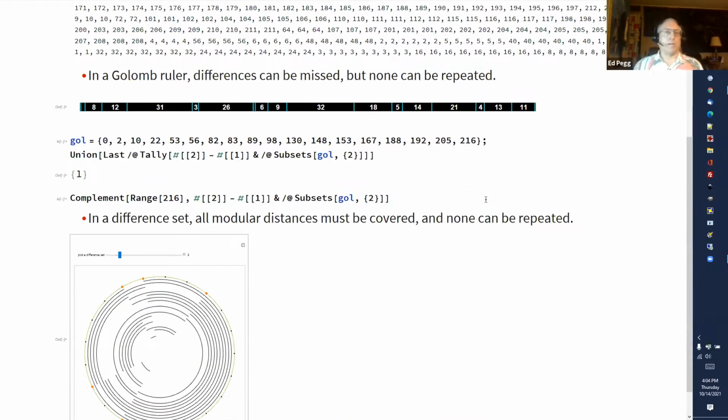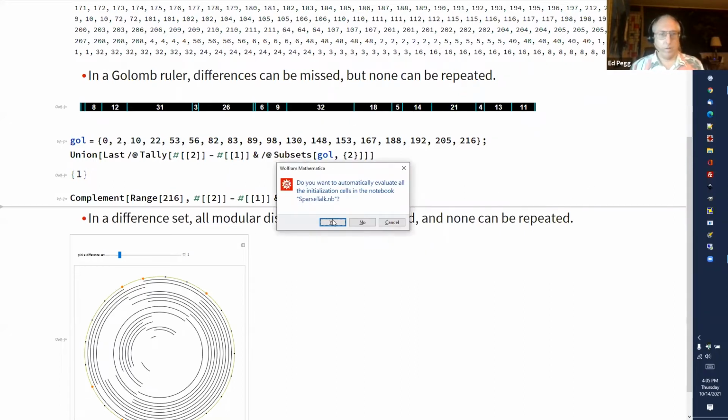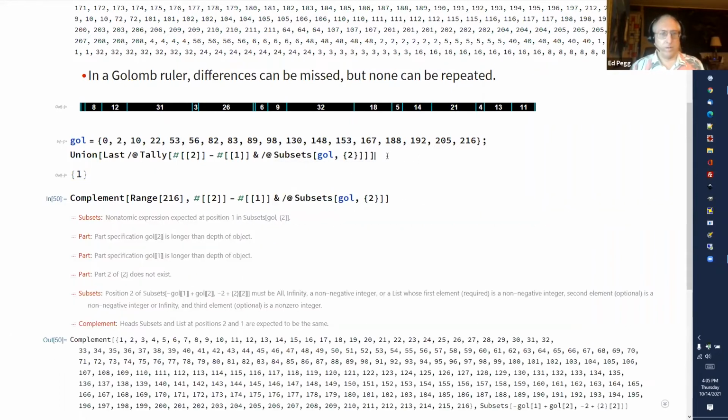A related object is a Golomb ruler, where all the differences have to be different. You can't repeat anything, but it's also okay for things to be missed. So we can check that for this Golomb ruler, which has a similar length, nothing is repeated.